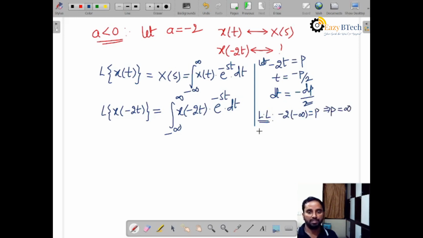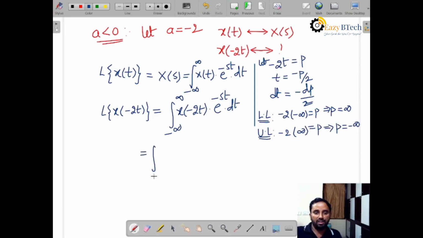The upper limit minus 2 times plus infinity equals p, so p will be minus infinity. This data we are going to substitute. So the integral has lower limit plus infinity, upper limit minus infinity, and x(p) e to the power minus s times t. What is t? t equals minus p by 2, so we write minus p by 2. dt is minus dp by 2.